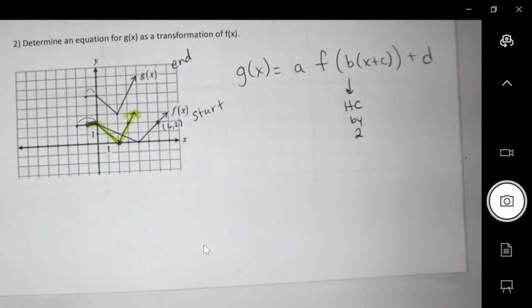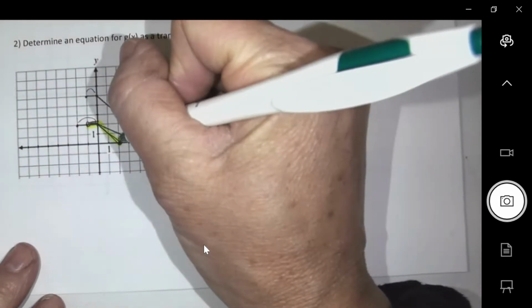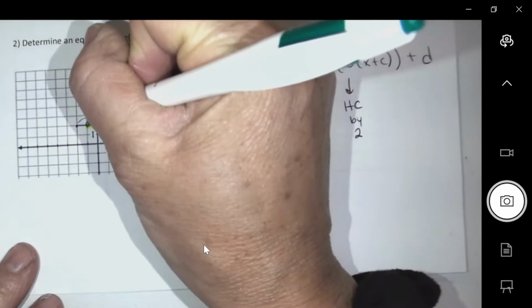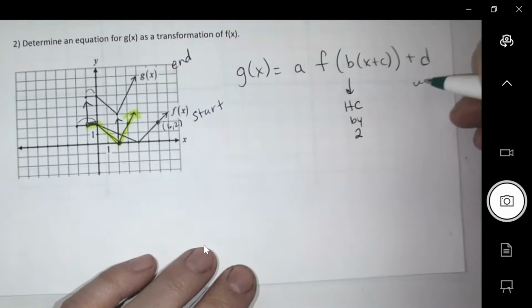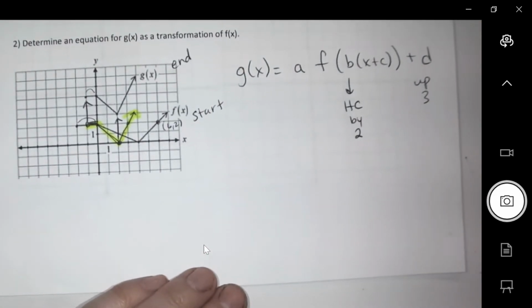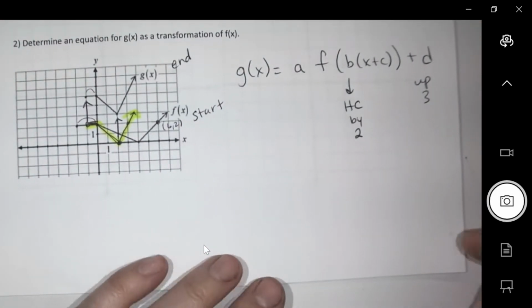Okay, I've horizontally compressed it. And what else do we see? Do you visually see something else that might have happened? What do you think? Up 3. And then that should match everything, right?